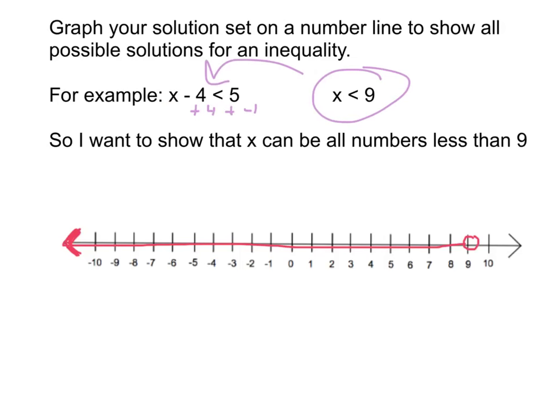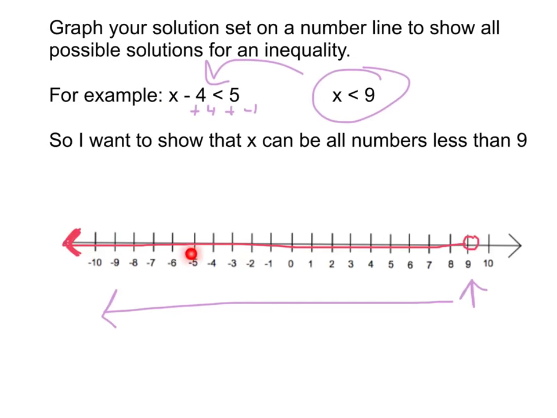And you may notice that I have an open circle on 9, and then I have an arrow going in the negative direction towards all the numbers that are less than 9. And I continue the arrow over the end of the number line because it can go on forever in this direction.